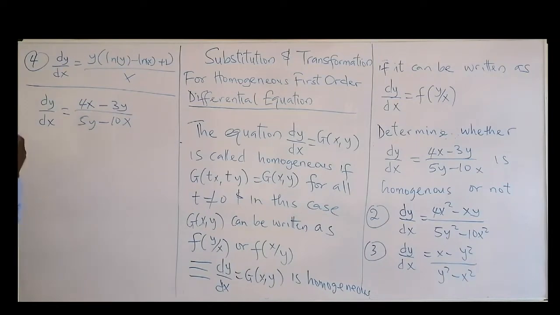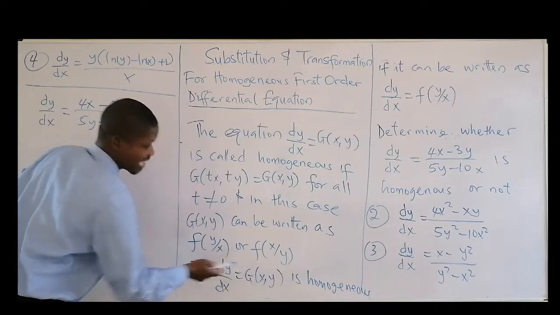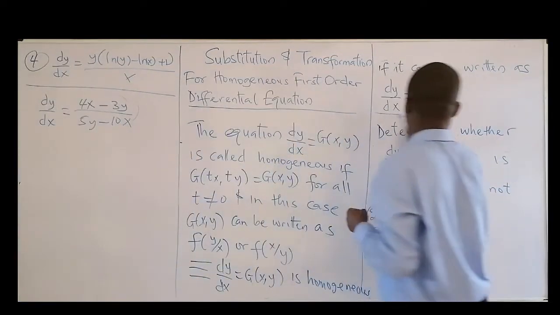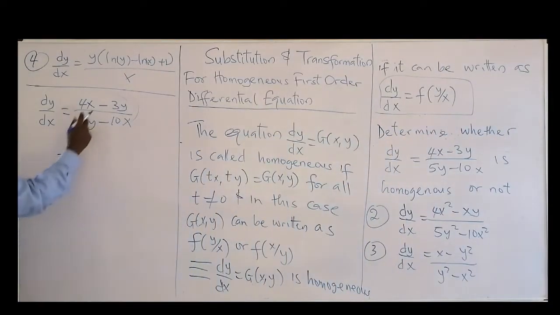Look at the illustration: your dy/dx is g of x comma y, a given function. If it's homogeneous, it must be expressed in this form. So let's see how we can do that. If we want to have y over x, we have to divide each term, the numerator by x and the denominator by x.